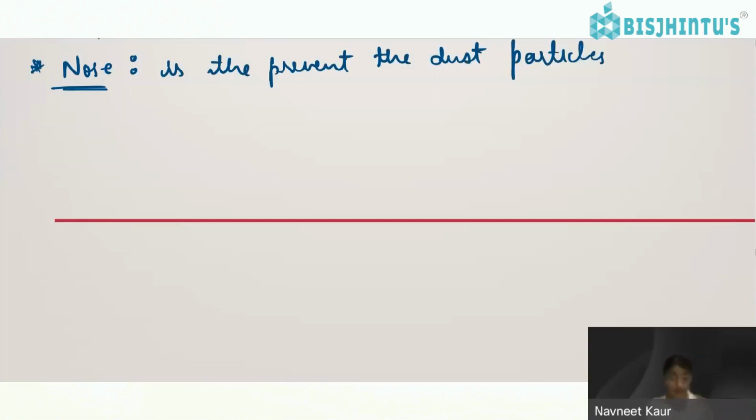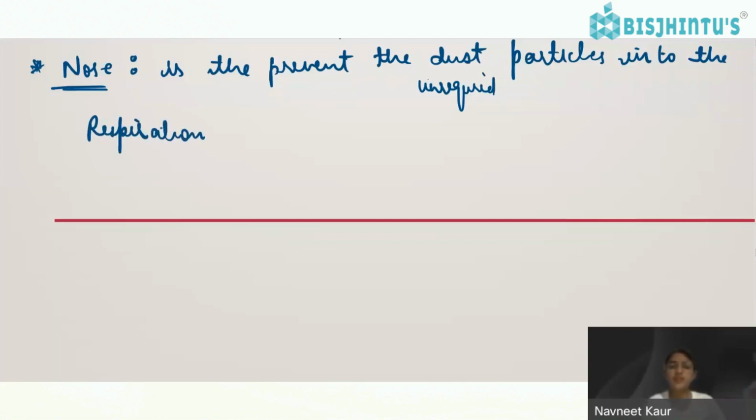Or we can also write here, rather than dust, unrequired particles, into the respiratory system. You must have observed that in a nose there are small hair-like structures, the nasal hairs.